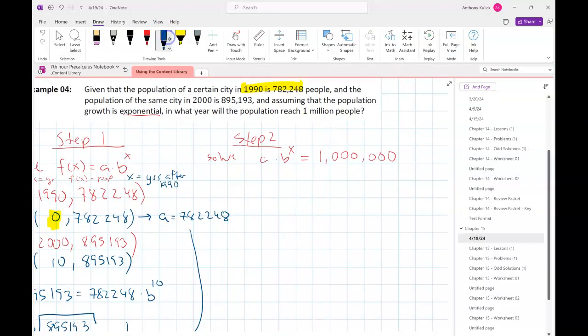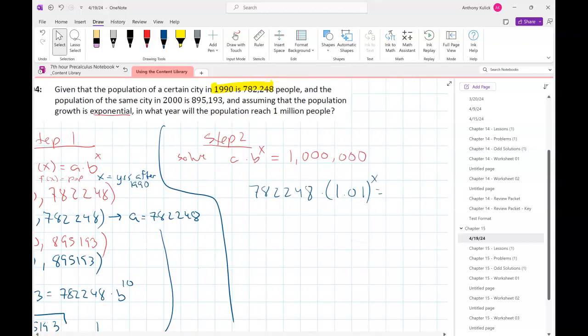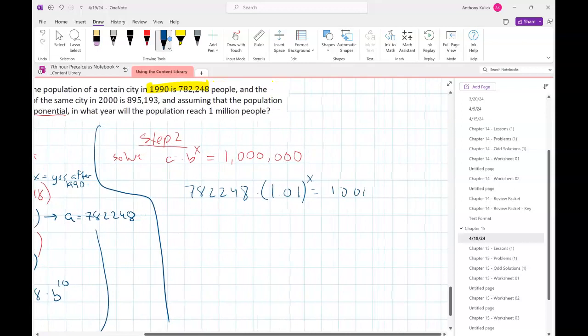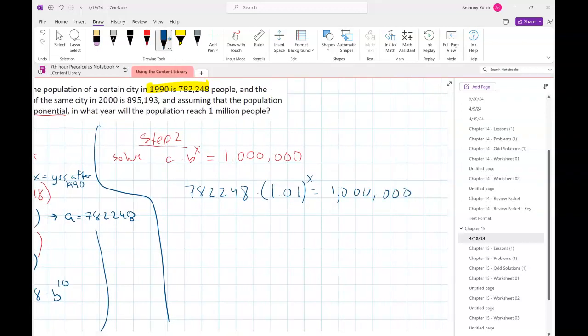Now, to solve this, I have 782,248 times that 1.01 to the x equals 1 million. Everybody good? All right. Does anybody remember what you need to do to solve this from Algebra 2 last year?